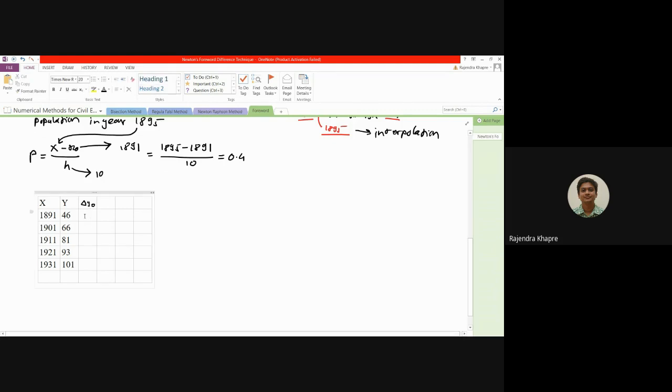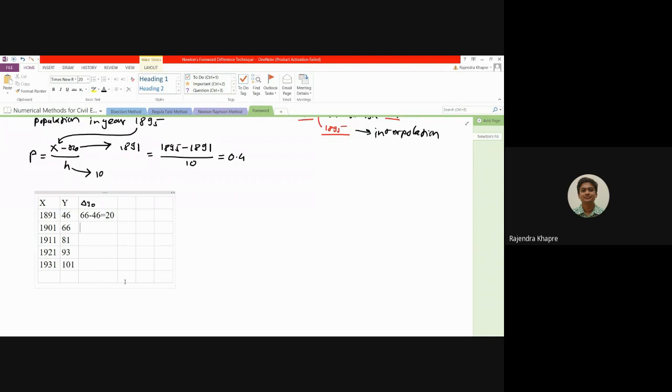So basically this will be 66 minus 46. 66 is the value of y in the next year, and 46 is the value of y in the current year. So this is 66 minus 46. How much is this? I think 20. So this is a 20 value.